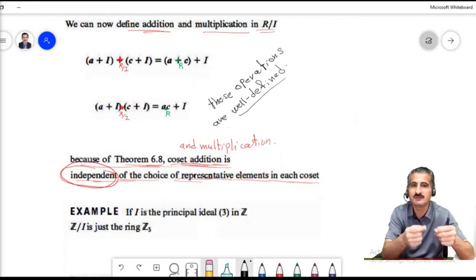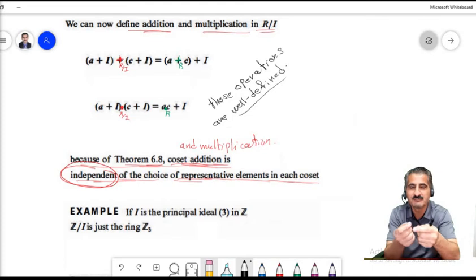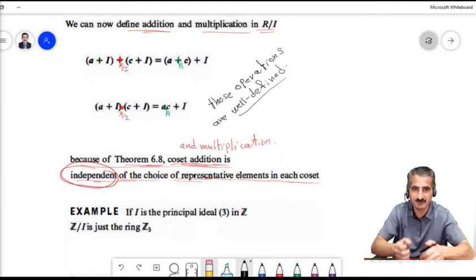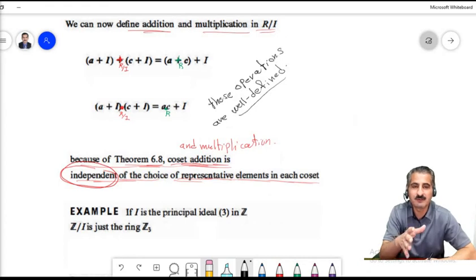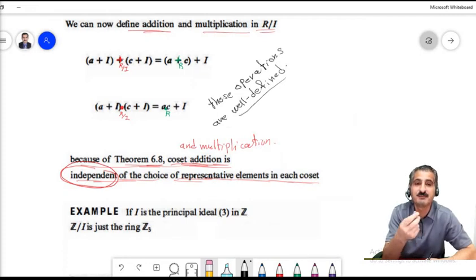And we will see in a while, we will worry about a well-defined function. What we are talking about here is a well-defined operation, and you worry about a well-defined function when the domain of the function consists of equivalence classes or of cosets, where they are represented by elements.